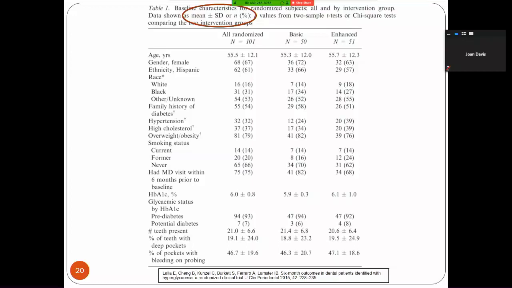Of what use is that information to us? This is from a manuscript looking at the idea that dentists should start testing their patients' glycosylated hemoglobin as a screen for diabetes.